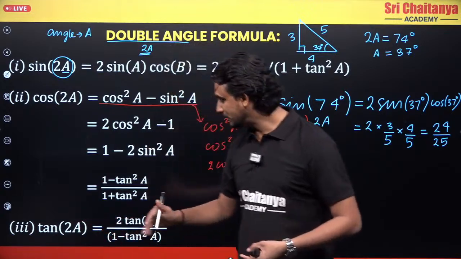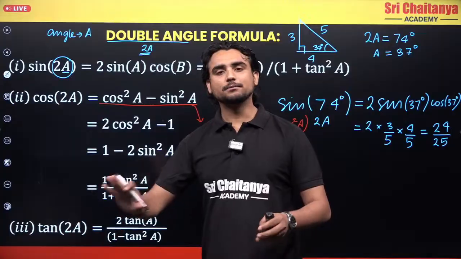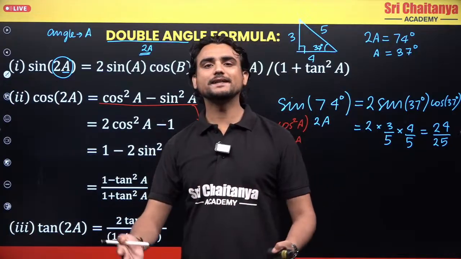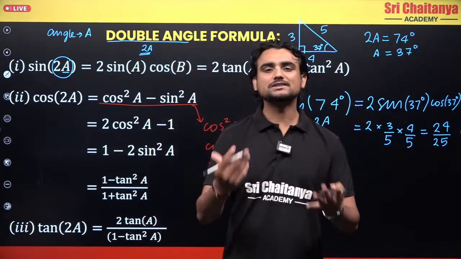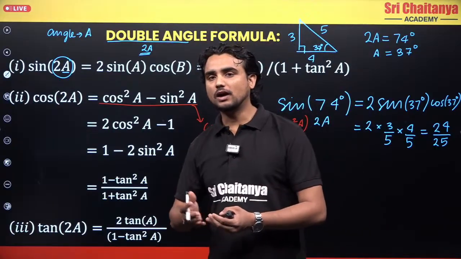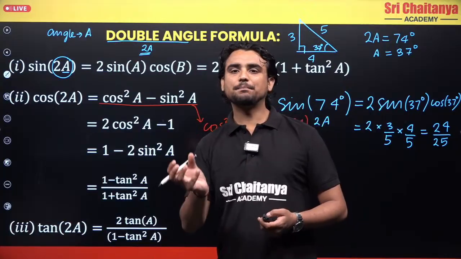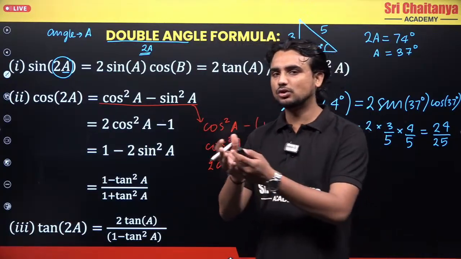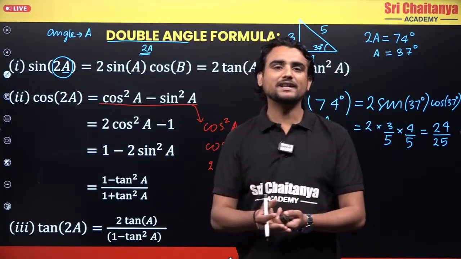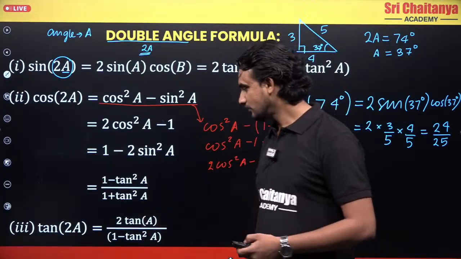Same thing here, right now just try to learn them. Later on, as you progress in your 11th and 12th, you will understand how this comes. Each and everything will make sense to you, but for now you have to remember them, because this is the basics. If you understand it, very nice. If you don't understand it, I tell you to learn it right now.